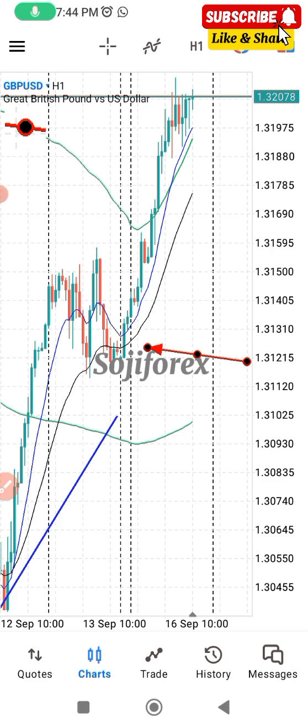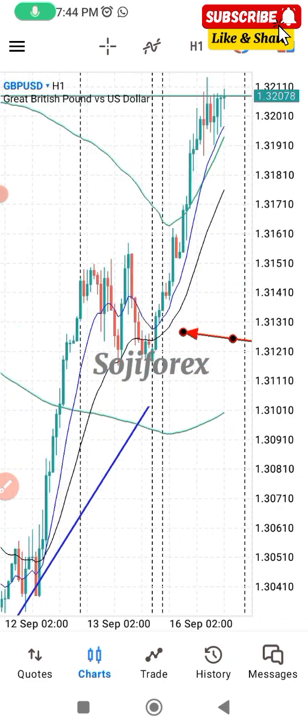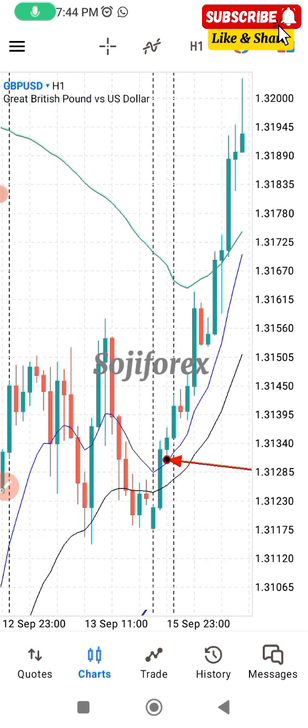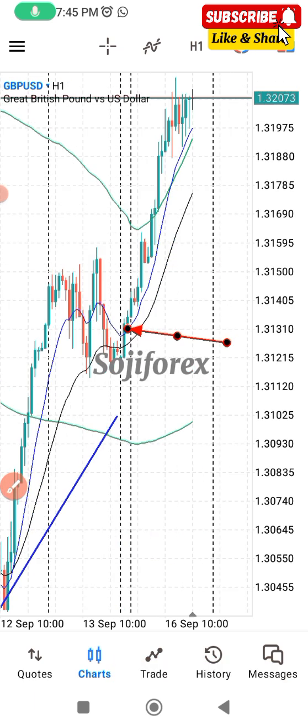Now this is our H1 time frame. Price is already on its way to the upside, and look here, price pulled back, and here we have a bullish engulfing candlestick pattern. So this particular bullish engulfing here becomes our entry for this buy trade, and that is how simple it is.